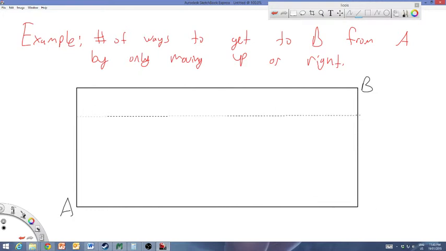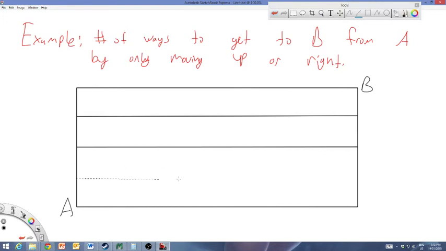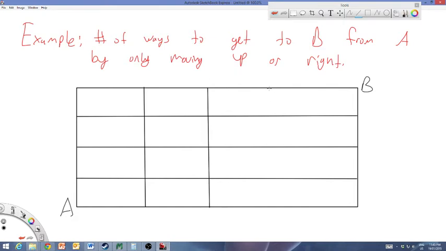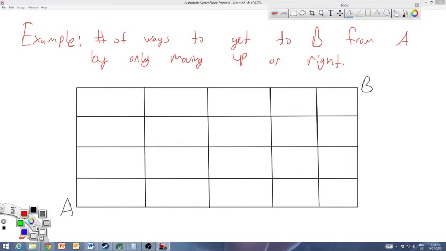You'll have to forgive me if my lines are not super accurate, even with the line tool. Okay, so when I say move up or right, when I move up, I move up to the next line. When I move right, I move right to the next line. Okay, there you go.